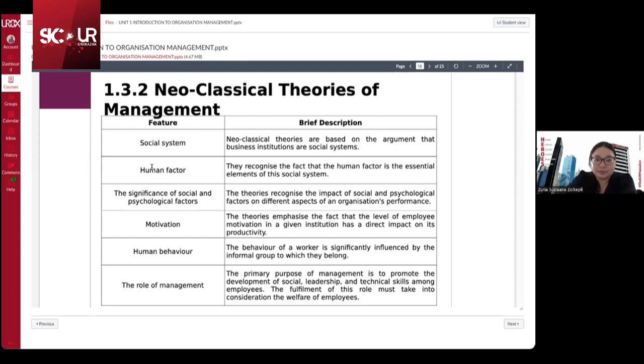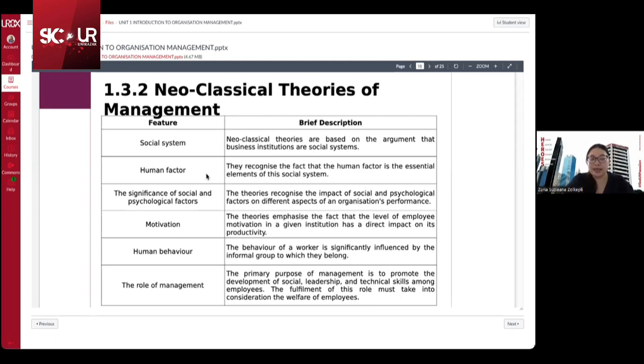Human factors. So they recognize the fact that human factors are essential elements of this social system. Because when we are recruiting, we are not recruiting robots. They are not programmed the same way, with the same reaction, the same needs, the same preference, the way of doing work.